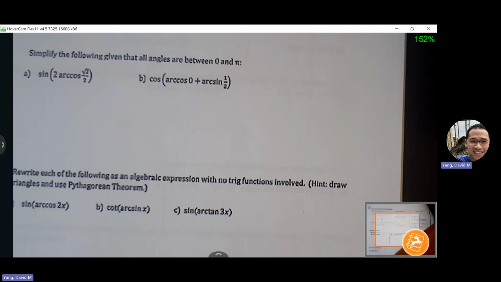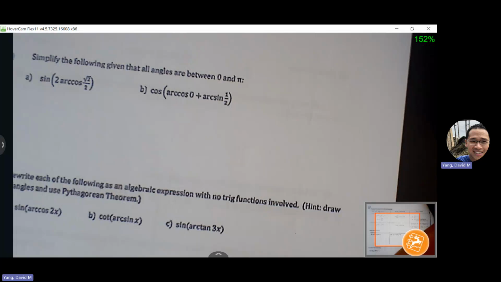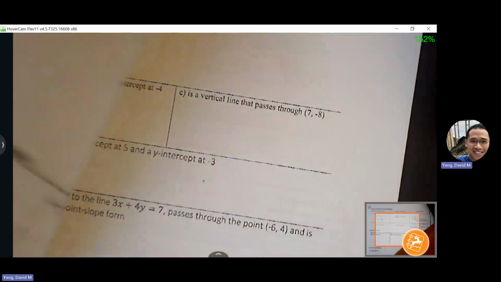Hey, so remember that I'm going to be checking your entire packet on Monday. So these remaining pages, I'm just going to highlight a few problems from each part so that you can see an example of a problem, and then hopefully you can start working on completing the pages rather than waiting until Sunday to finish everything.